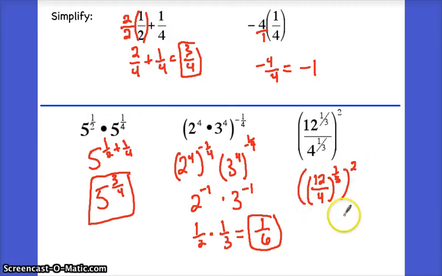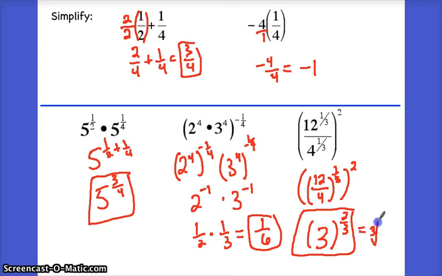And power to a power says we're now to the 2/3, but 12 divided by 4 also says that this is just a 3. So if I want to simplify that expression, basically I'd be taking the third root of 3 squared, which would be another way of writing our expression here. But we can leave that as 3 to the 2/3 power.